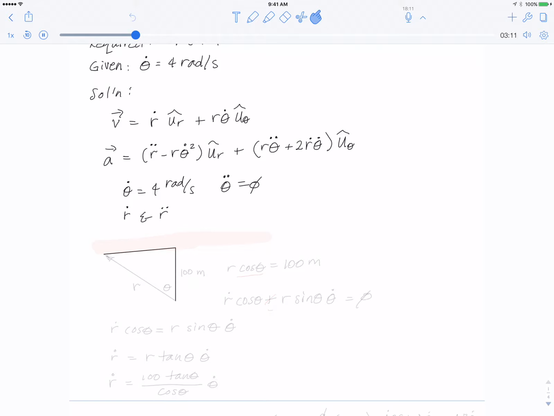So there's the wall. There's r, that's theta, and the spotlight is 100 meters away from the wall. And let me color in the wall. So this is the wall right here.